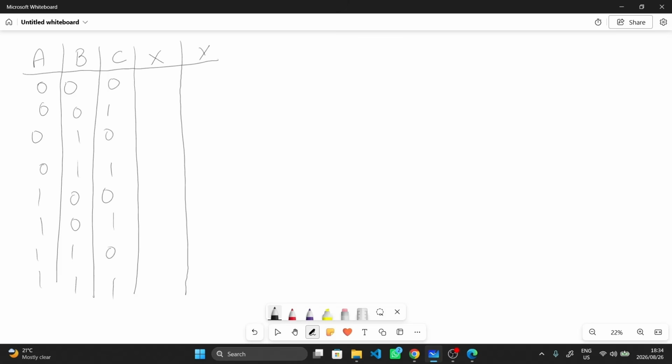Right. And then you can have two outputs, maybe like this: 0 0 0 1 1 1 0 0, or you can have 0 1 0 0 1 0 0 1 1.